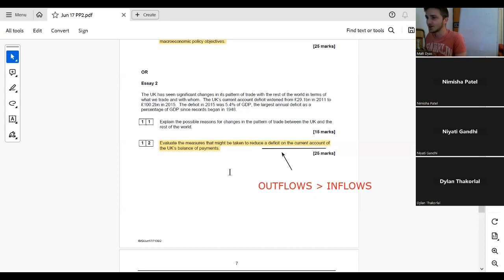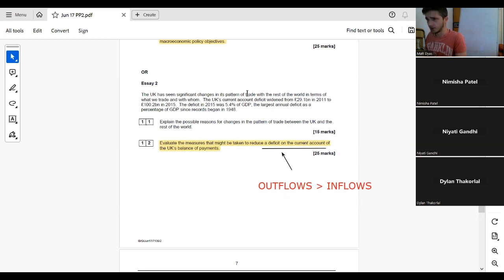Okay, so if we want to reduce this deficit, so deficit is when the outflows are bigger than the inflows, that obviously means we need to increase the inflows or reduce the outflows, right? To make this number smaller, we need to make the left-hand side smaller or the right-hand side bigger.